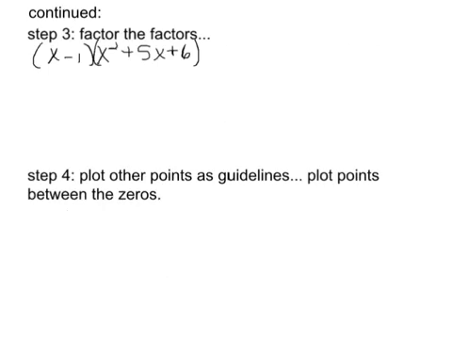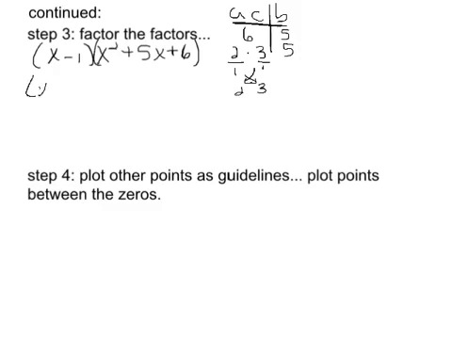So from our synthetic division, this is what we have. We factored out an x minus 1. We have left x squared plus 5x plus 6. Let's factor that trinomial. You can do a, c, and b. We have a times c is 6, b is 5, 2 times 3. Okay, divide by factors of a.